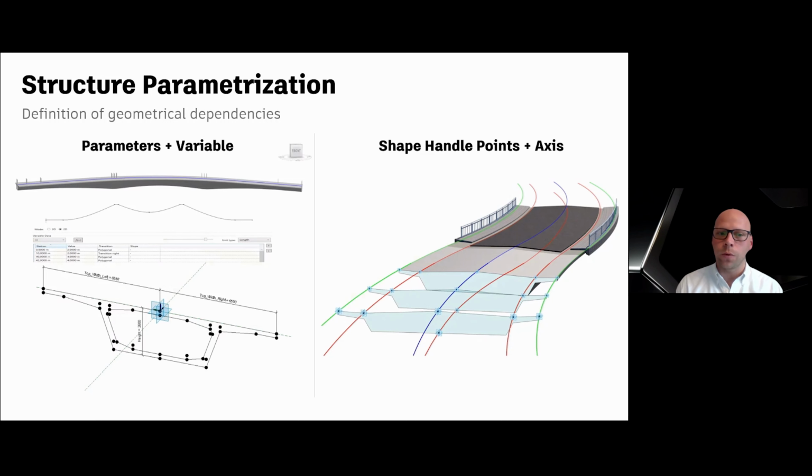Even if we have profiles we want to extrude, we have to focus on easy input of different geometrical dependencies and formulas, so we can create the structures according to our wishes and geometrical requirements.